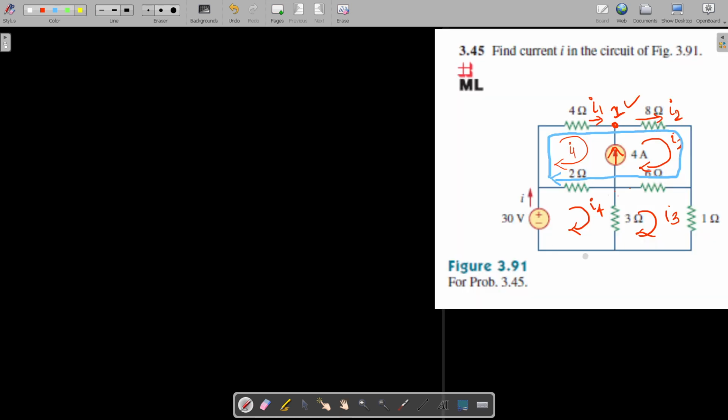So now we move on to this loop 3. For this loop 3, we are going to apply KVL, and in this we have the presence of this 3 ohm resistance, 6 ohm resistance, and the 1 ohm resistance. So we mark it as 6 plus 3 plus 1, that is equal to 10, 10 I3. And then this 6 ohm resistance is common for loop 2 and loop 3, so that we can write this as minus 6 I2.